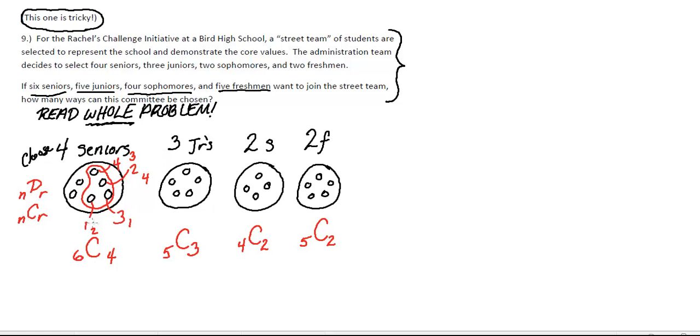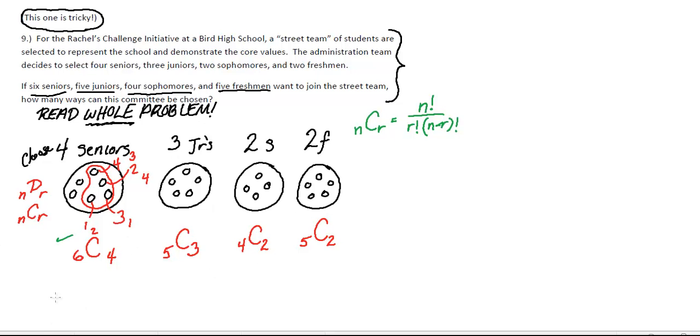Alright, so we'll do this calculation here in green. The formula for the combination, I know NCR is equal to N factorial over R factorial times N minus R factorial. Alright, so now I do the same thing here. So now I know my N is going to end up being 6.